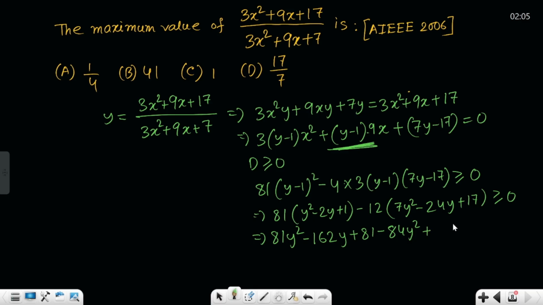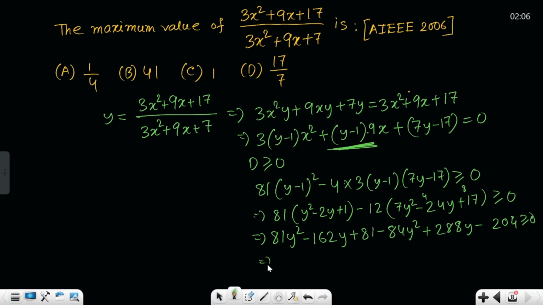Now this will be something like 288y, and here it will be 204. This is greater than or equal to 0. Don't calculate too fast, but maintain accuracy here.